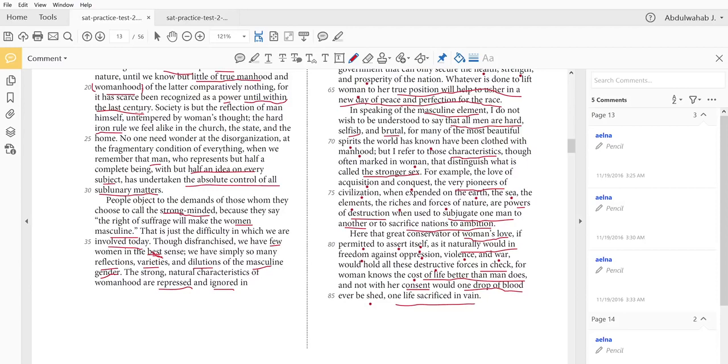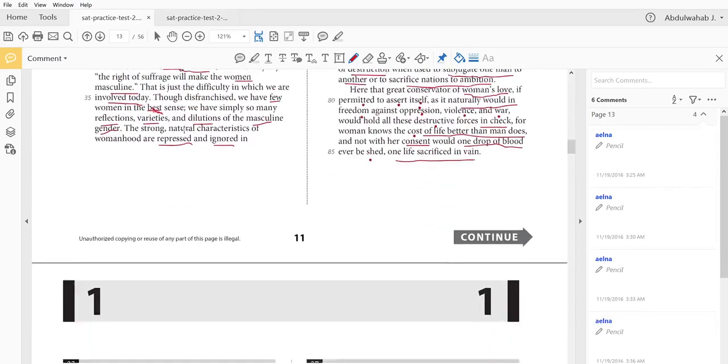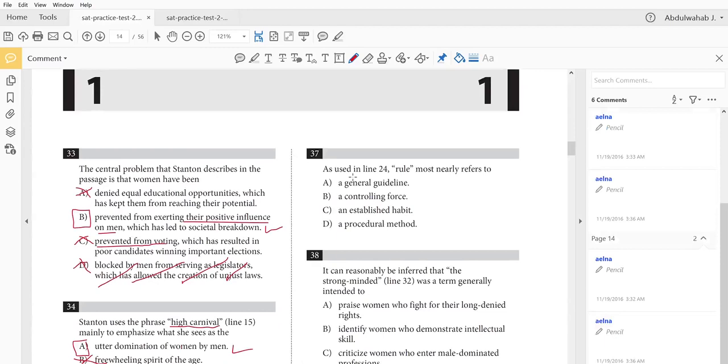Society is but the reflection of man himself, untempered, unaffected by woman's thought. The hard iron rule we feel alike in the church, the state, and the home. So we're talking about when a person rules another or dominates another. So as used in line 24, rule most nearly refers to a general guideline?